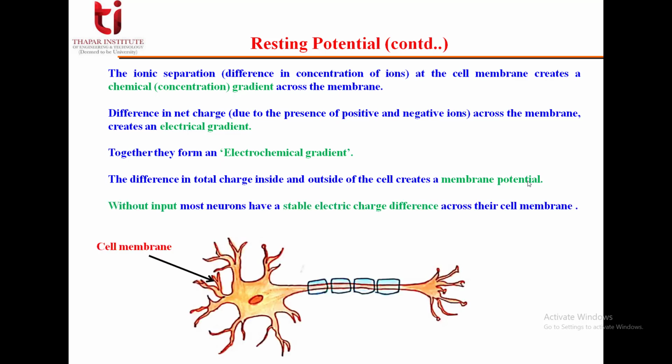Now, without any input, most neurons have a stable electric charge difference across their cell membrane. You can see in this figure it is negative inside and positive outside, because it is more negative inside and more positive outside the cell membrane.